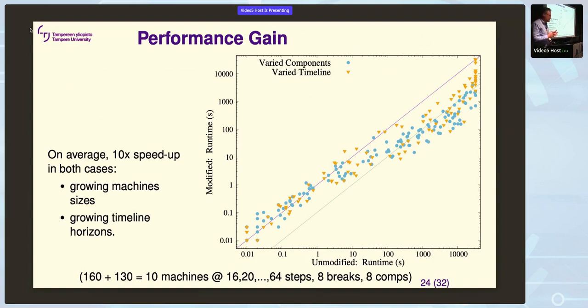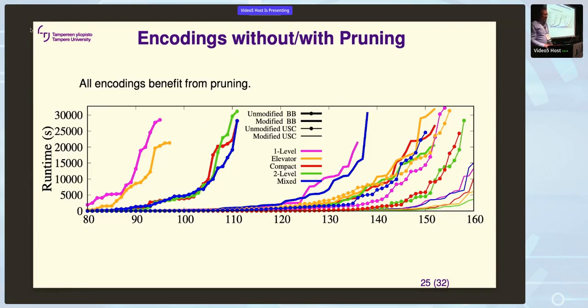Or we introduce more time steps to the timeline. In both cases, the problems are getting harder, but the pruning is doing its job in a similar way. And then we also did the same experiment for all encodings and found that all encodings improve with pruning.